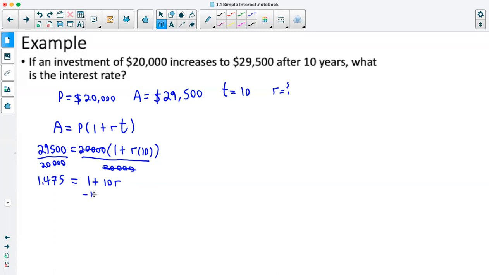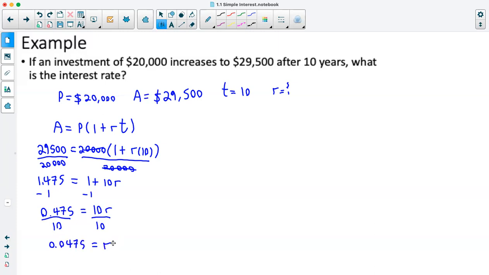At this point, I'd move this 1 to the other side by subtracting 1, so that gives us 0.475 is equal to 10R. We will then divide both sides by 10 so that we can get R on its own. So we get 0.0475 is equal to our interest rate.